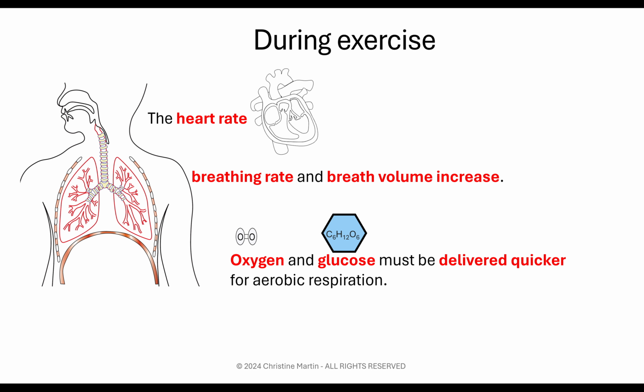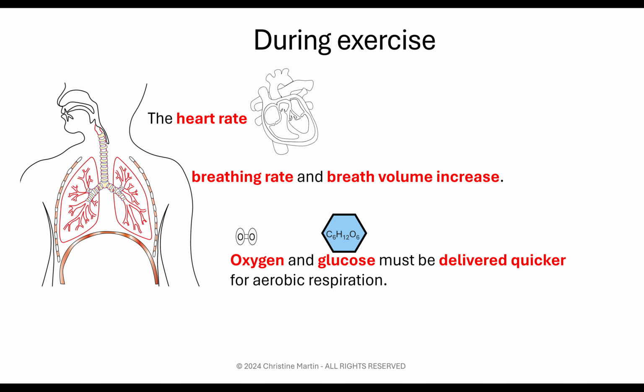So to supply enough glucose and enough oxygen, the heart rate, which pumps the blood around, and the breathing rate, which ensures that there is the gaseous exchange at the lungs, need to be increased. That's going to help deliver that oxygen and glucose for aerobic respiration faster.